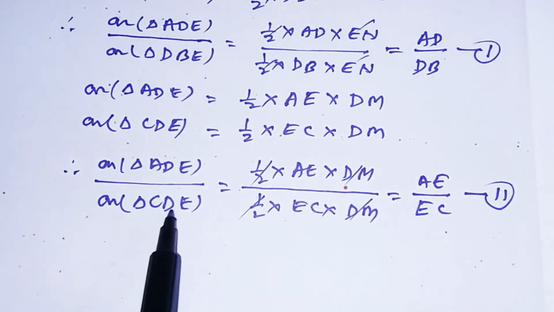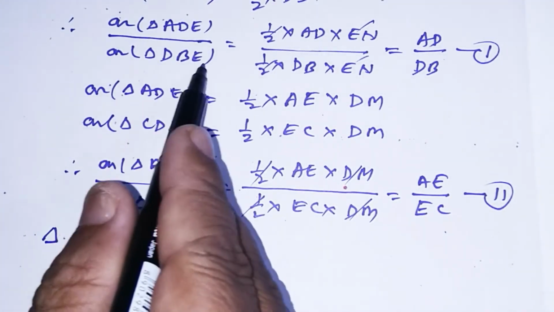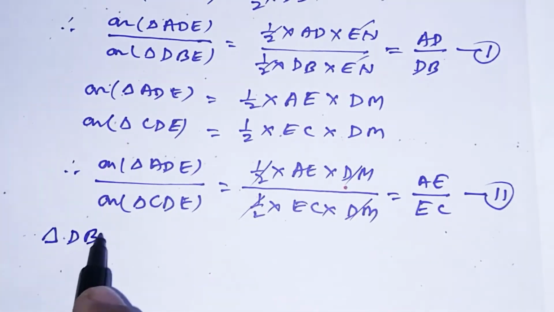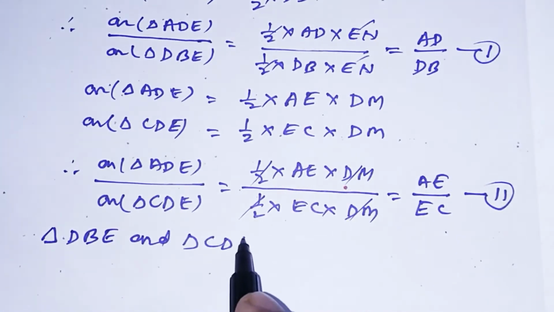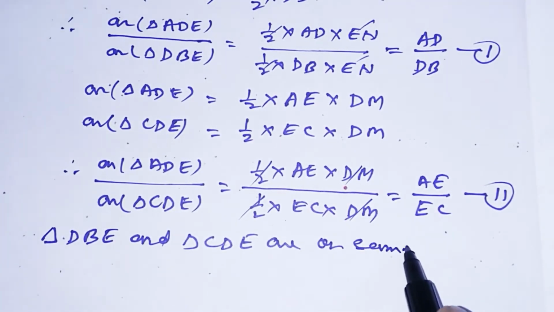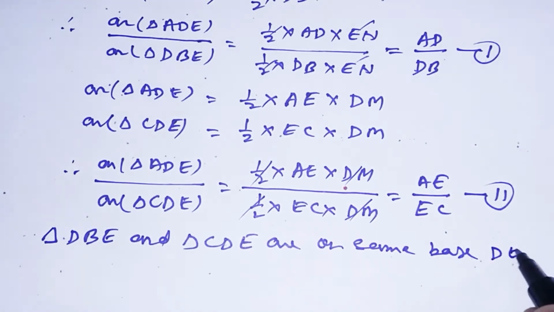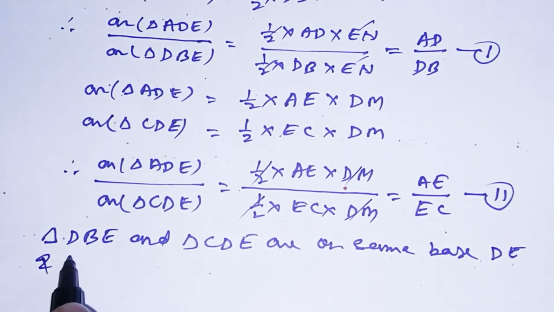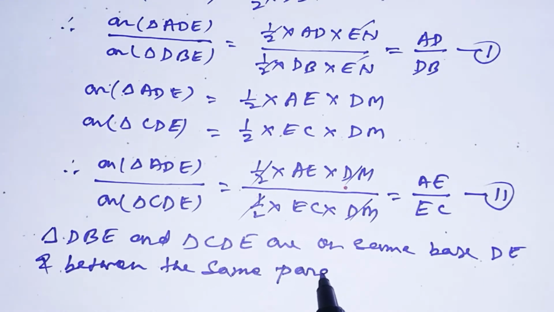Triangle DBE and triangle CDE are on the same base. What is the same base? Same base is your DE. Same base DE, and between the same parallels.